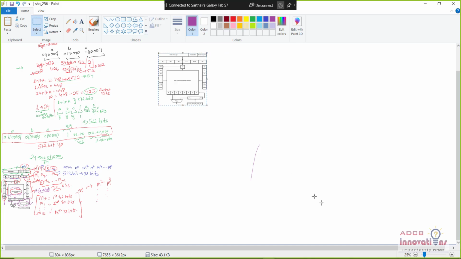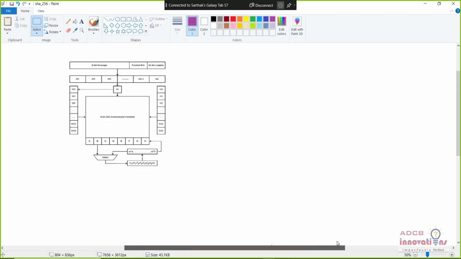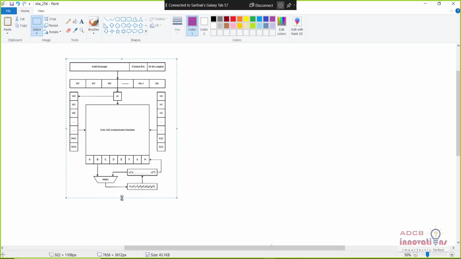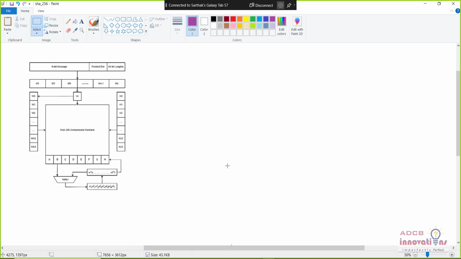So here is our diagram, and you will see that we need to set the initial hash.